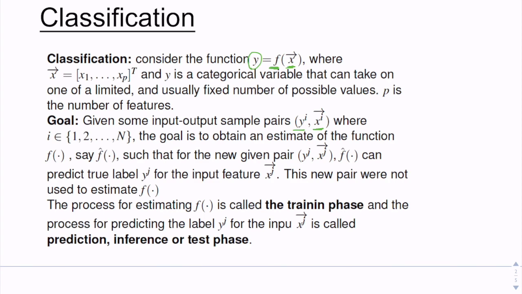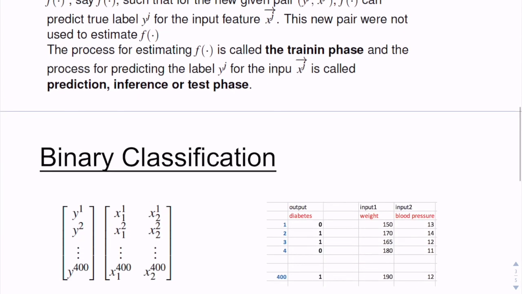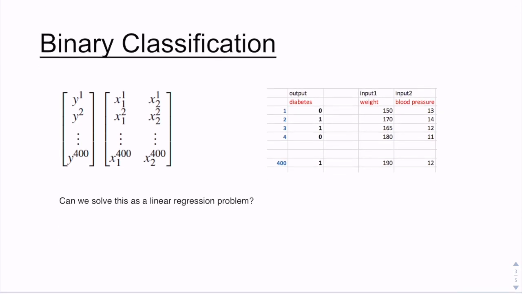So let's now focus on the task of binary classification. That means the output has only two outcomes. So y belongs to a binary variable, 0 and 1.